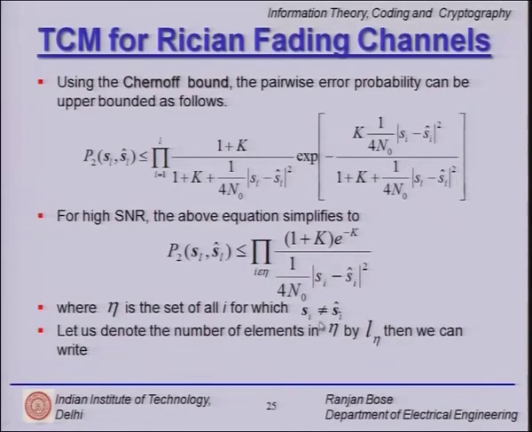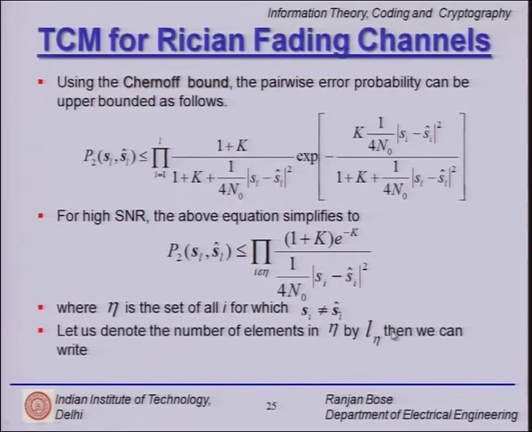So, that is why we are talking about the error probability. So, let us denote the number of elements in eta by L_eta. So, we are defining this term L_eta. What is L_eta? It is the number of elements in this set, the number of cases where S_i is not equal to S_i hat.